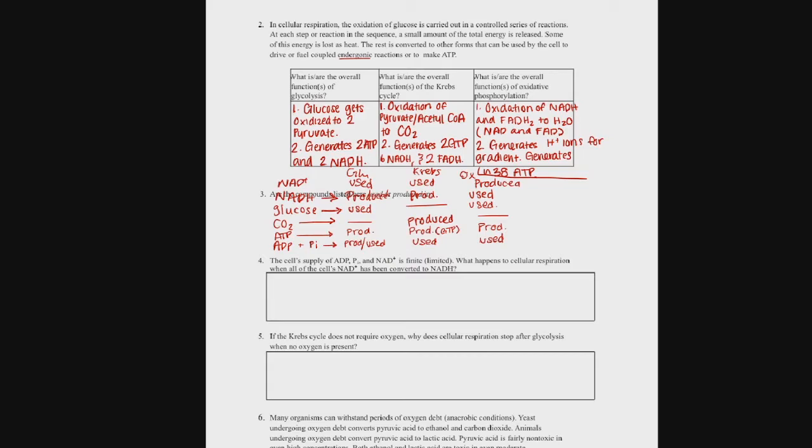Okay, number 4. The cell's supply of ADP plus Pi and NAD+ is finite or limited. What happens to cellular respiration when all the cell's NAD+ has been converted to NADH?